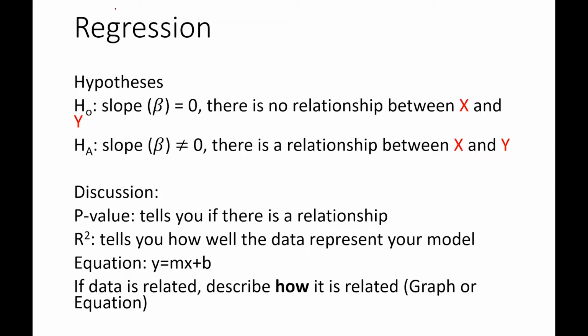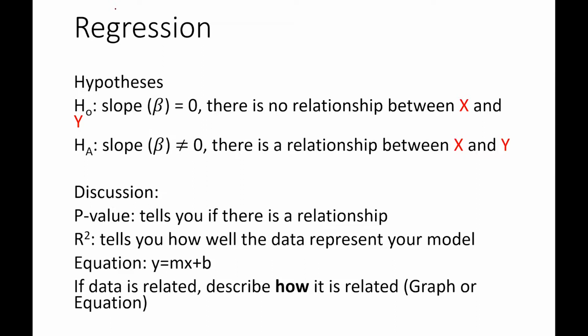And tell me about the dispersion of the data. That's where you'll get from your R squared value. If it's a really high R squared value, that means that there's very little residual variation unexplained by the regression.